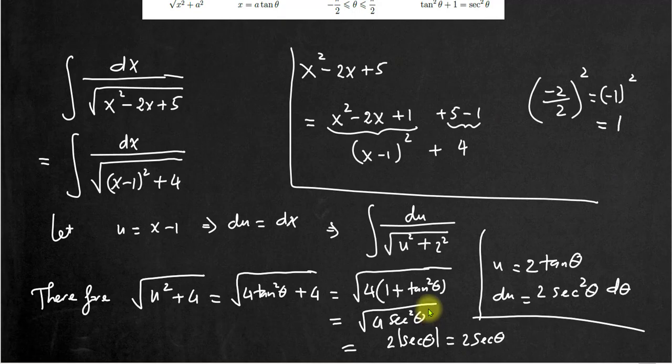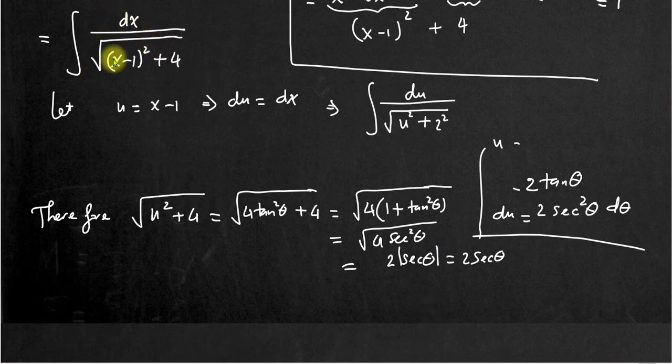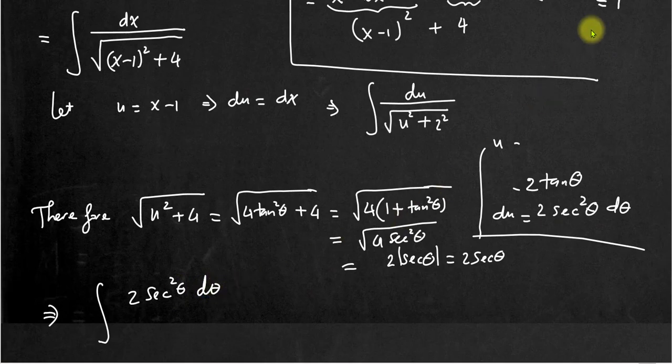And that is equal to secant of theta. Okay, now we are ready to make the substitution back into the expression right here. So I have du. Remember, when you convert everything back to theta, du is equal to 2 secant squared theta d theta.